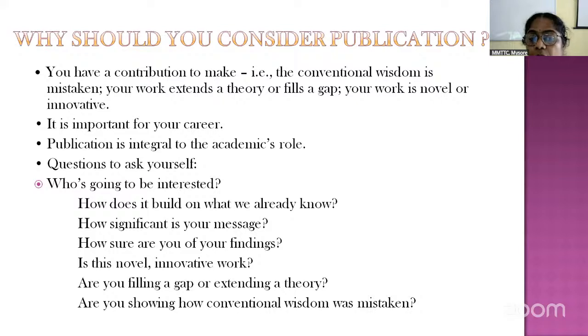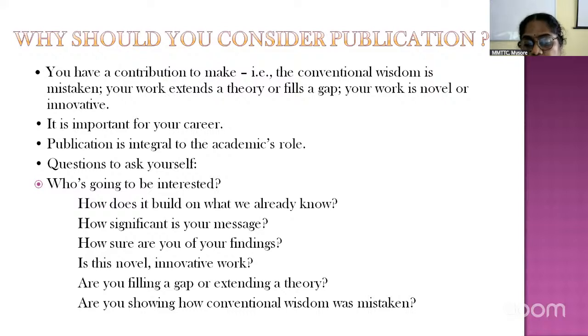And questions to ask yourself. You should ask these questions to yourself. As I told you, getting our work published, who is going to be interested? How does your publication build on what we already know? How significant is your message?